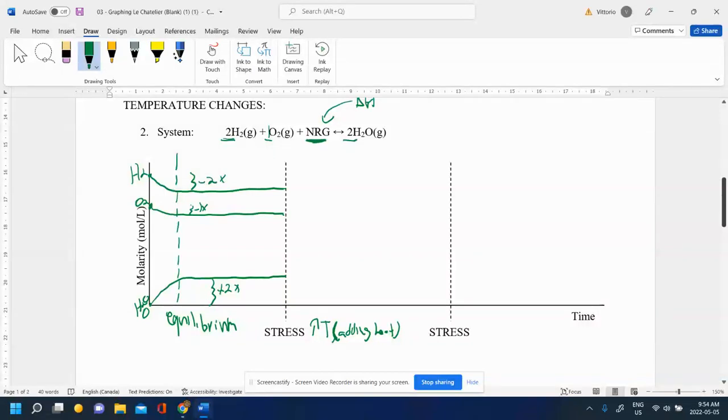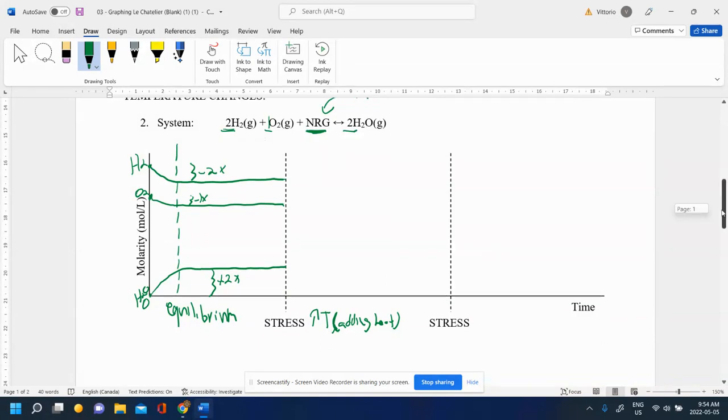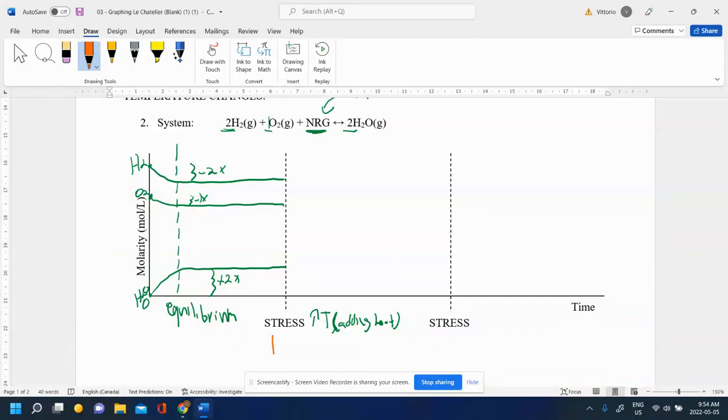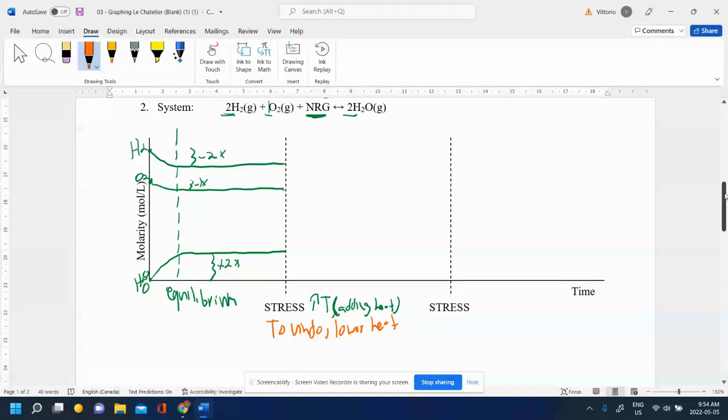We want to get rid of the heat on that side, because now think of it like a reactant. We've added more reactant essentially. So to undo, we need to lower the heat on the reactant side there.